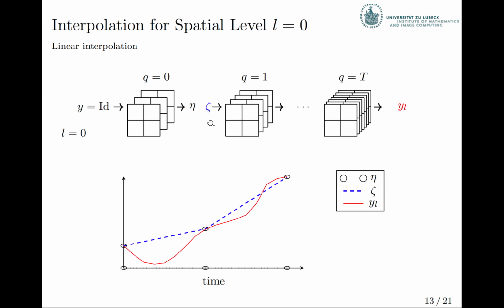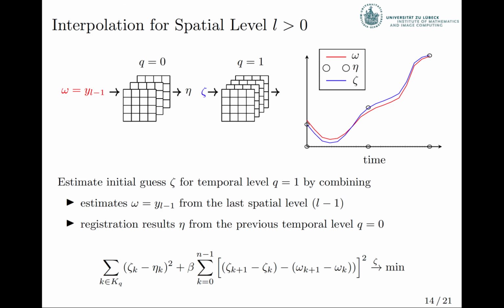To get an estimate for zeta, which will act as an initial guess to register the 4 images, we interpolate the deformation field which we have calculated at the lowest temporal level. That is represented by the blue dotted line here. We use it as an initial guess, register the 4 images, and again we get an estimate, then we again do the interpolation, and likewise we go until the last temporal level where we register all the image sequence and obtain this red curve.